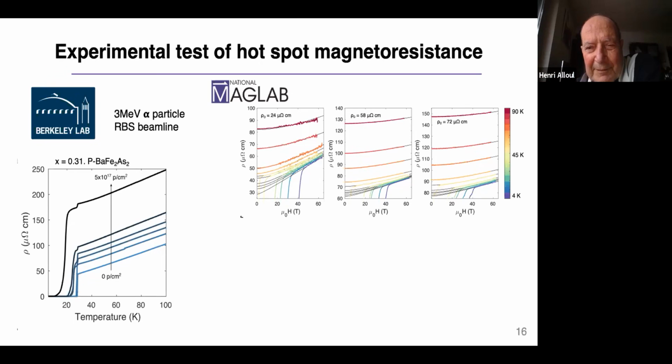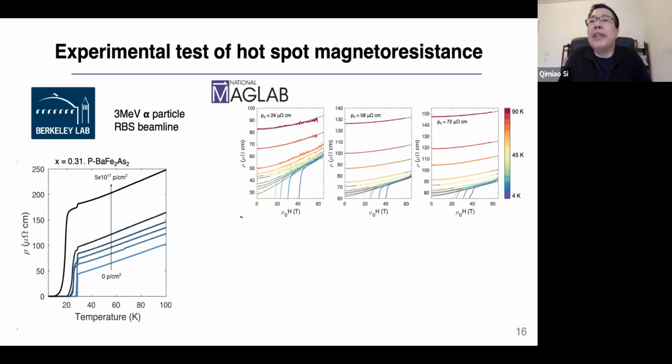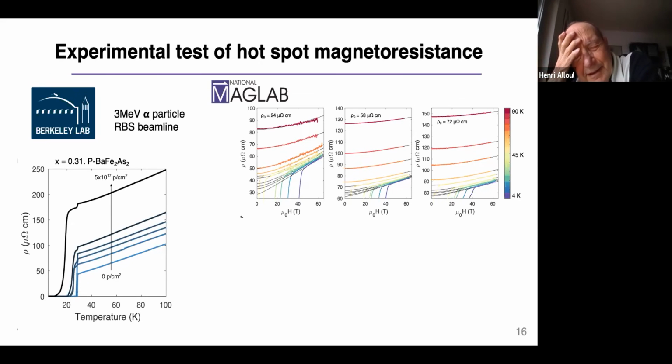I still have one remark. This system being multi-band, in principle the scatterings are not going to be the same for the various bands. The analysis that is done, which is similar to that done in the cuprates, is for a single band model, where the band has the hot spots and the cold spots. But you also have other bands.